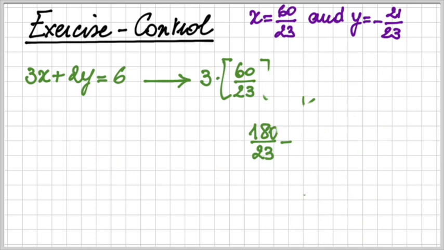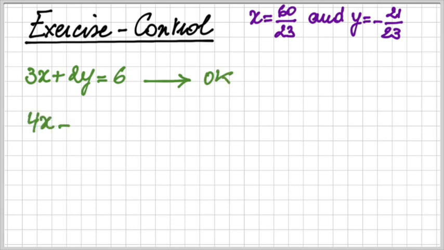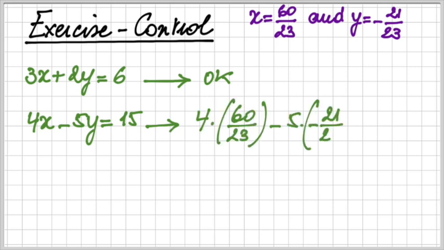Now we have to verify for the second equation. So we have 4x minus 5y is 15. What we have to do here is the same thing. So we replace x and y by their values. And we find 4 times 60 divided by 23 minus 5 times minus 21 over 23. Is that equal to 15?